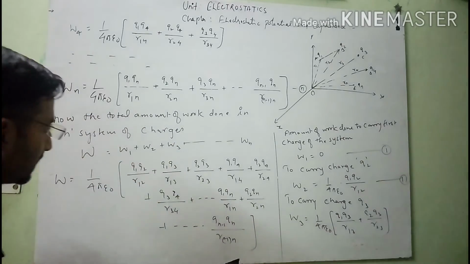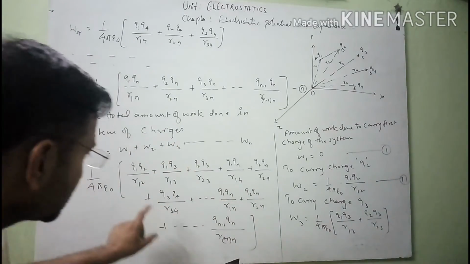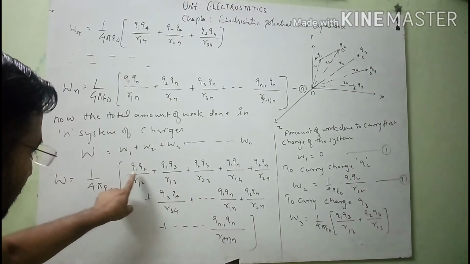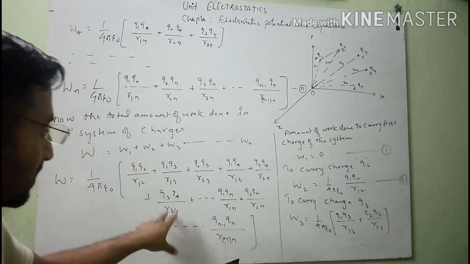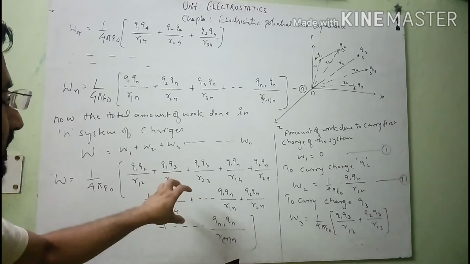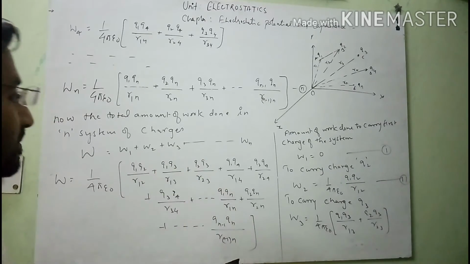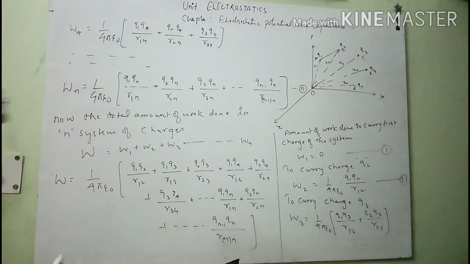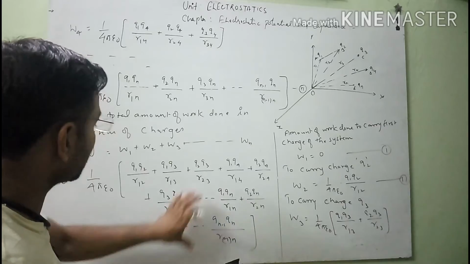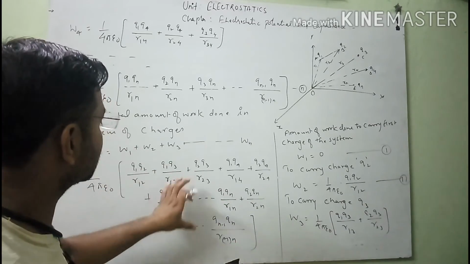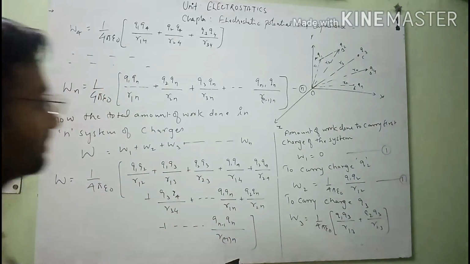So in this last calculation you will see that both of the variables are changing. So overall we can write this term in algebraic sum form. Here I will write the total amount of work done for the n point charge system in algebraic form.